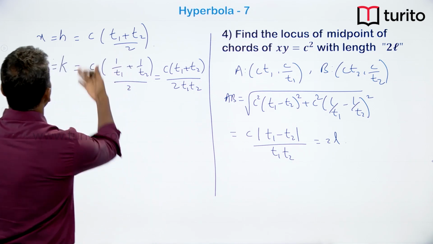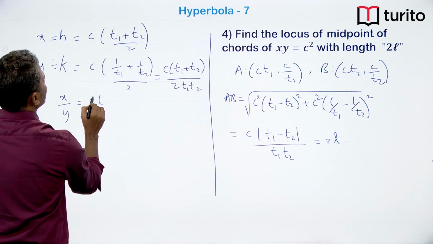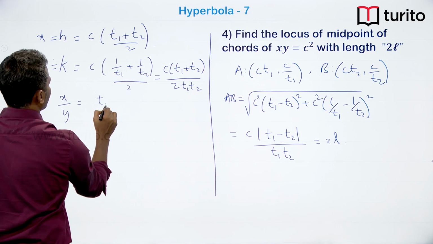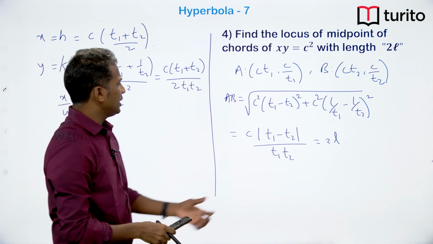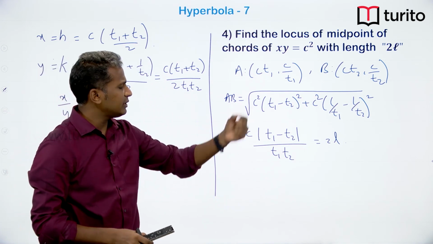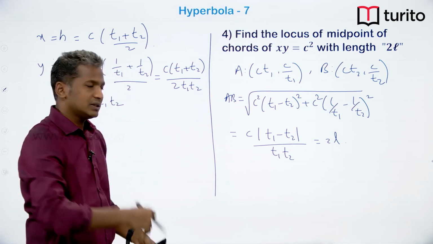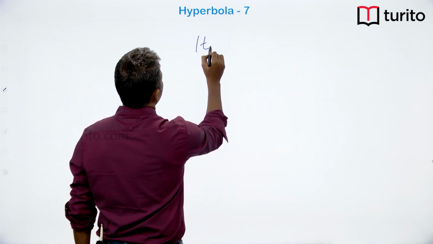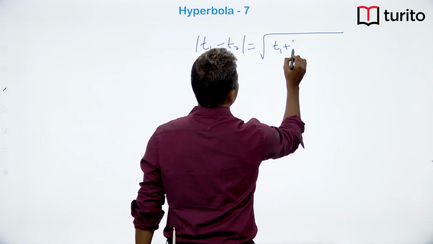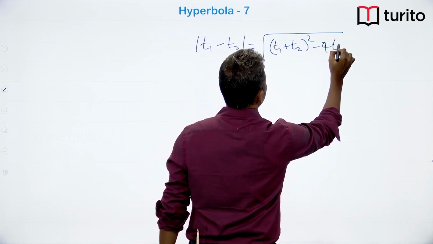Now if I take the ratio x by y, it is going to give me t1 t2. So in place of t1 t2 I can write x by y, but what about mod of t1 minus t2? That has to be dealt with separately. Mod of t1 minus t2 can be written as root of (t1 plus t2) whole square minus 4 t1 t2.